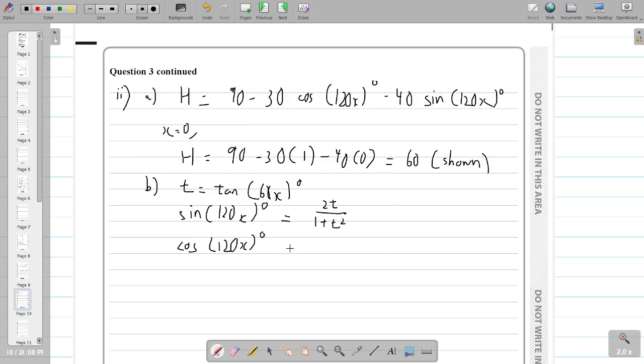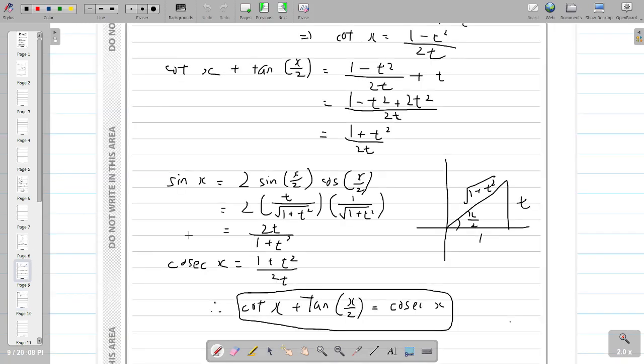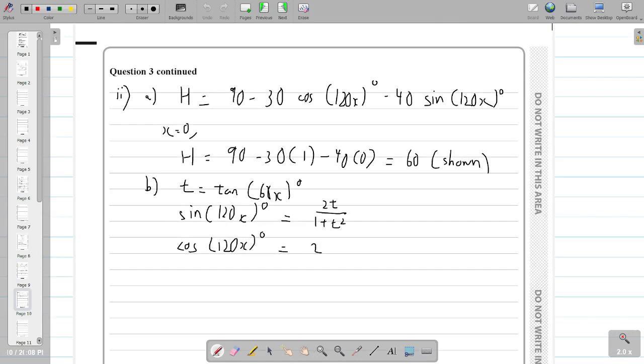Let's see what we can use. Let's use the cosine double angle formula. That's going to be much easier. 2 cosine squared of 60 degrees x minus 1. So this one is going to be equal to 2 times 1 over 1 plus t squared, because it's squared, minus 1. So it's going to be 2 over 1 plus t squared minus 1.